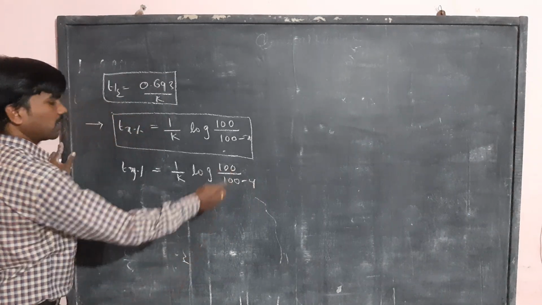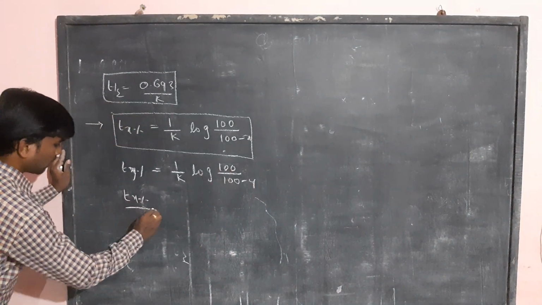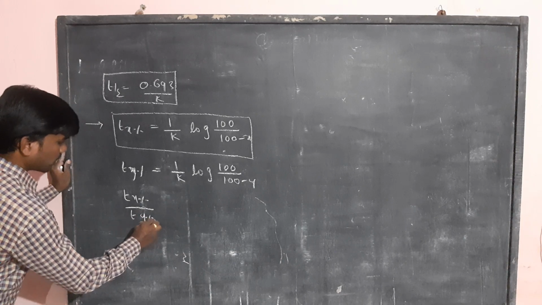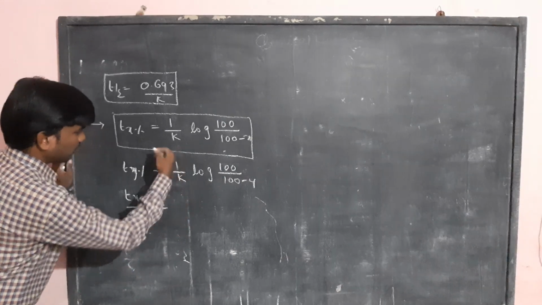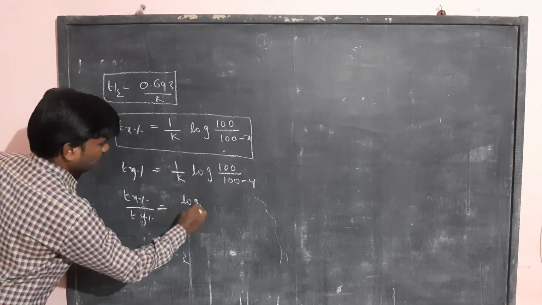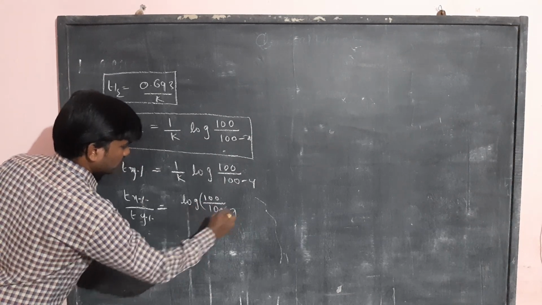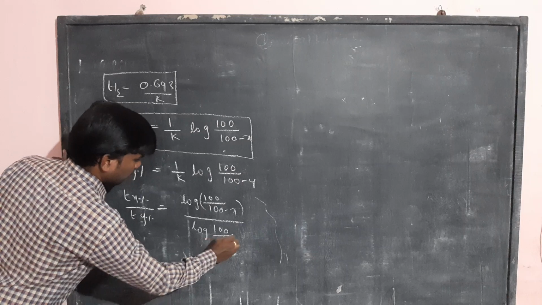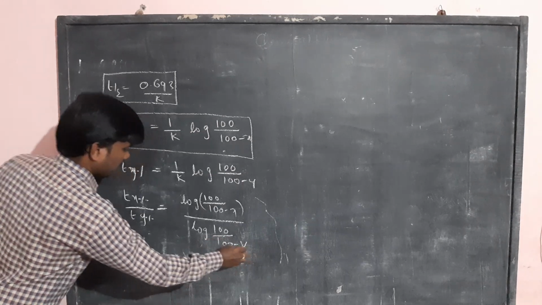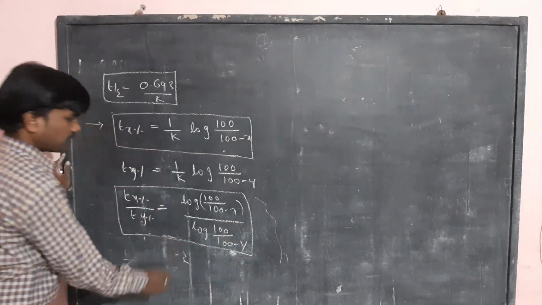So the initial percentage is 100. Then t x percentage upon t y percentage is equal to, 1 by k gets cancelled, log of 100 upon 100 minus x upon log of 100 by 100 minus y. So these are some of the important formulas regarding first order reaction.